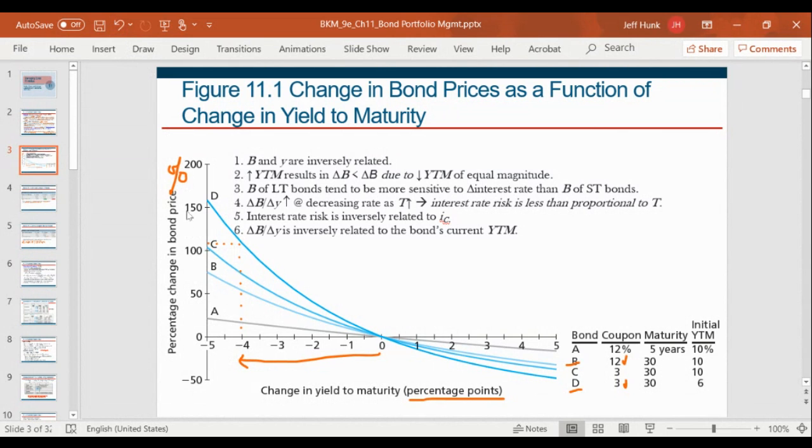The percentage change in bond price is like 100%. Bond B, look at bond B. Okay, that's a positive increase, right? What about when interest rate goes up like by 4%?